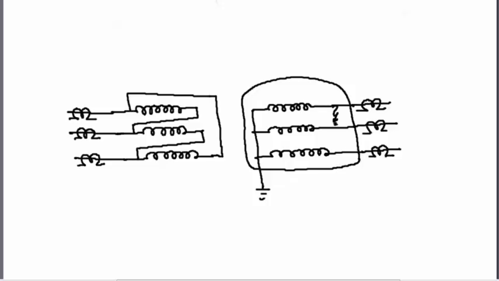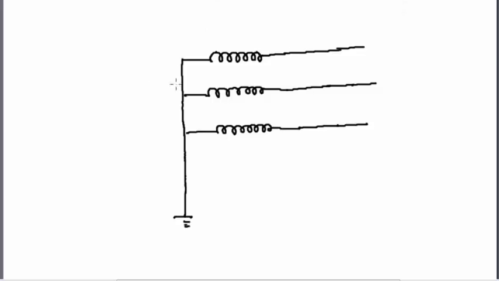For that, let us just consider the star side of the transformer. For implementation of REF protection, we introduce 3 CTs in the 3 phases, that is 1 CT in each phase, and one more CT in the neutral of the transformer, meaning 1 CT will be placed at this point.